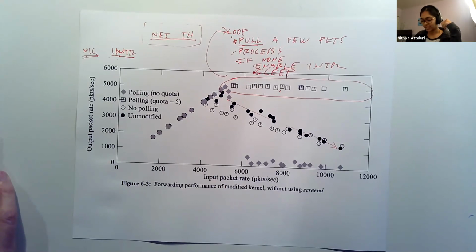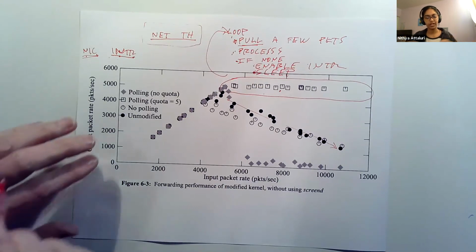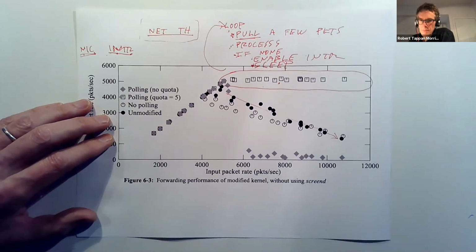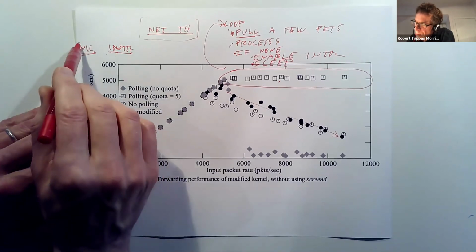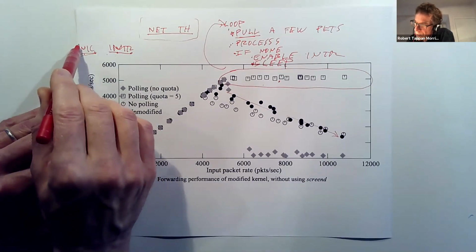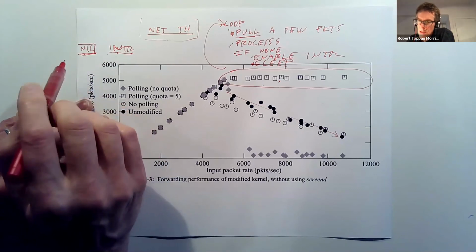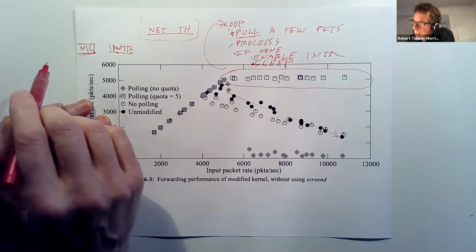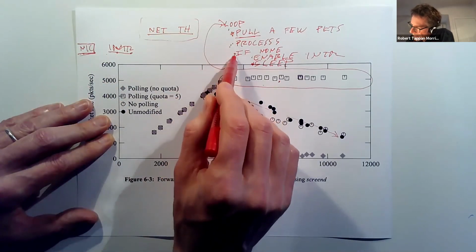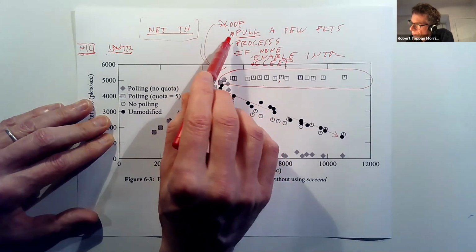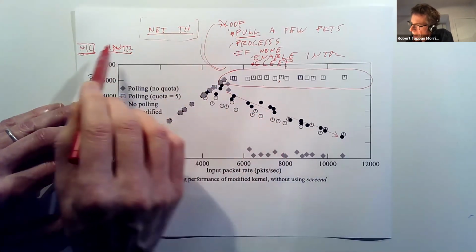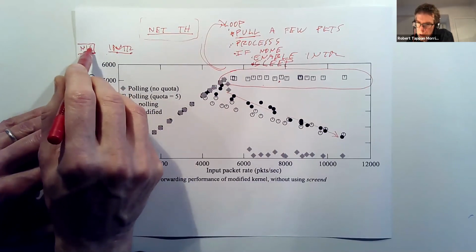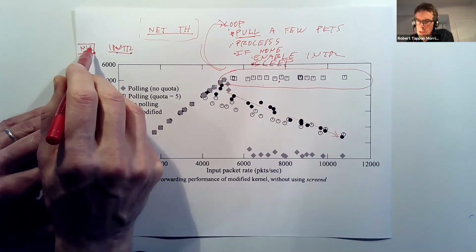I had a quick question then. While the loop is running, how do packets actually get into the queues to be pulled? Initially, the packets are queued inside the NIC in its own private memory. Then when this loop goes back to the top, it'll look at each NIC and actually talk to the NIC hardware and ask it, do you have any input packets waiting in your memory?